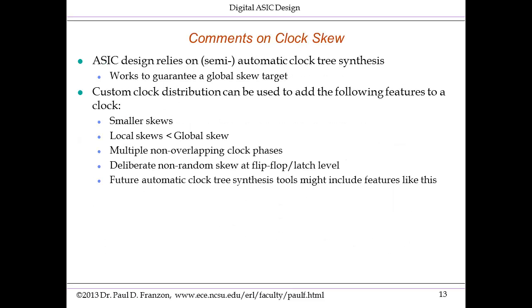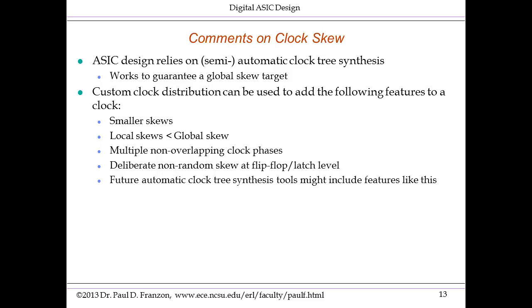So some comments on clock skew, because a lot of people get a little confused about this. What happens is the semi-automatic, largely automatic clock tree synthesis tools try to get as close to zero skew as possible. However, they do end up with some residual skew because it's not possible to exactly match the capacitances on the clock routes, because you don't know what wires are going to be around it when you actually put the clock tree in.